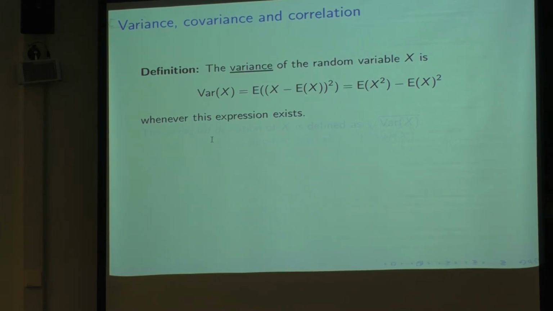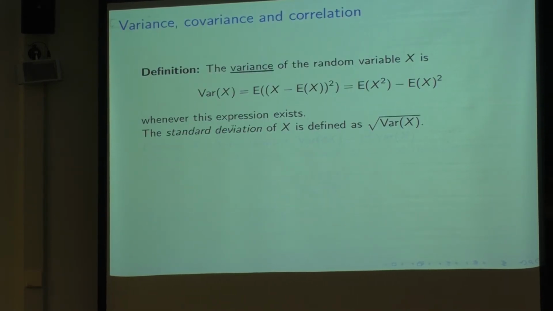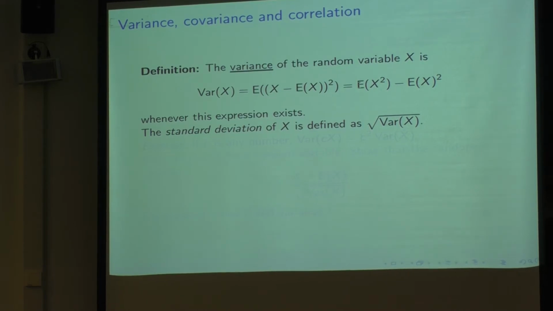Now you can take this definition and simplify it a bit. You can expand this square, and you can use the fact that the E operation is linear, and after you do that, some things are going to cancel, and you can rewrite the variance of x as the expected value of the square minus the square of the expected value.